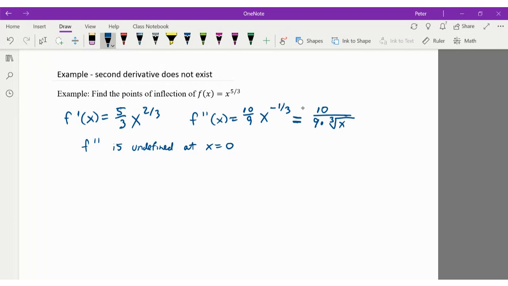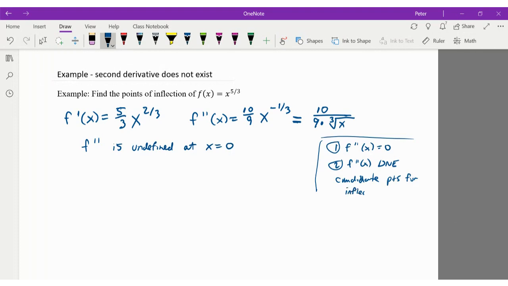Remember, we're going to look at places where f prime prime of x equals 0, or f prime prime of x does not exist. In other words, these are candidate points for inflection points.